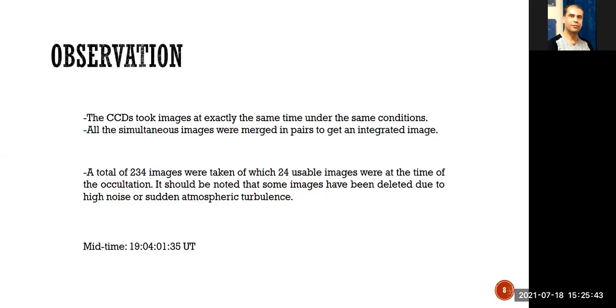So we have 24 images during the occultation, and we have some pictures after the occultation because of some calculations. It should be noted that some images have been deleted due to high noise or sudden atmospheric problems. You can see the mid time we calculated for this observation.